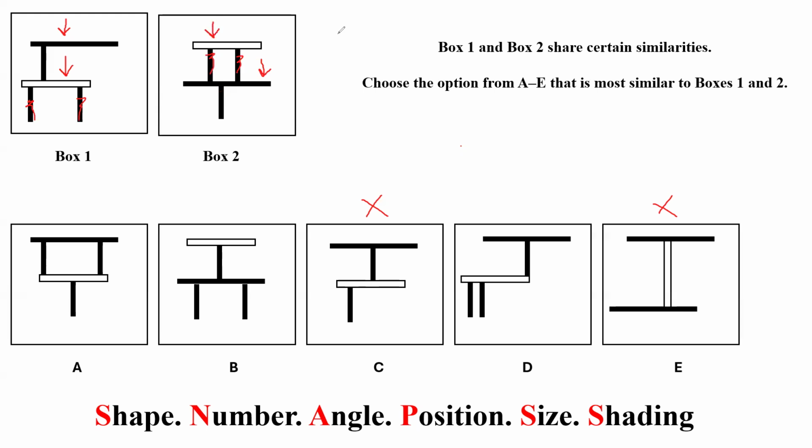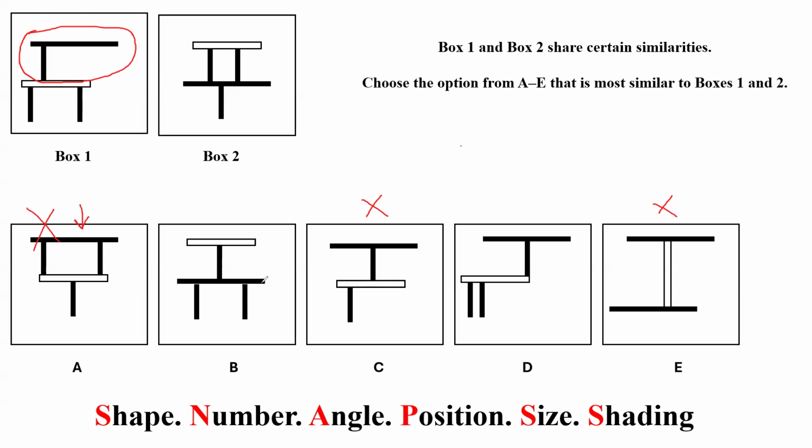So this is a rule that both boxes have agreed on. They've agreed that a white rectangle or white line, whatever you want to call it, has two legs, and the black rectangle has one leg. Because they both agree with that, we have to find options that also agree with that. Let's first check to see if all of our options have black lines with one leg. A has a black line, but it's got two legs, so it can't be that one.